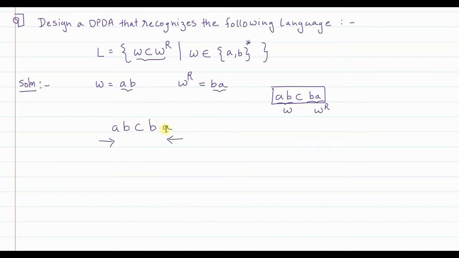It will still be read as A B C B A. So since when you read the string from right to left or left to right, the string remains the same, such kind of strings are called palindrome strings.